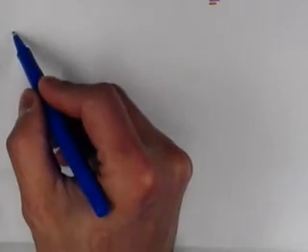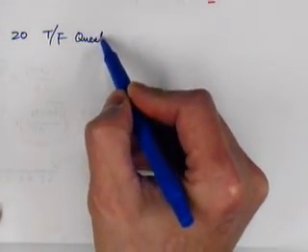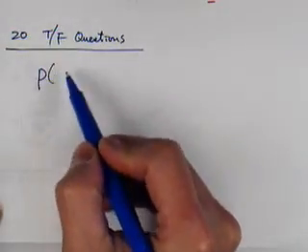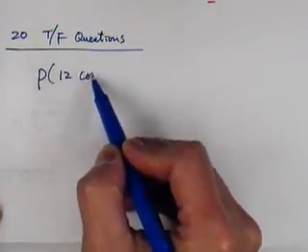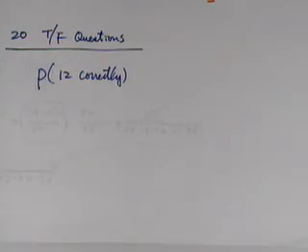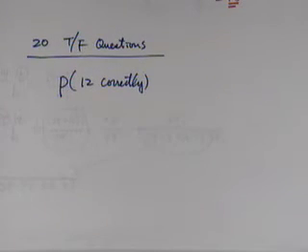You have 20 true or false questions. What's the probability of answering 12 correctly? The book says 15, so I'm using 12. You can go back and practice the 15.